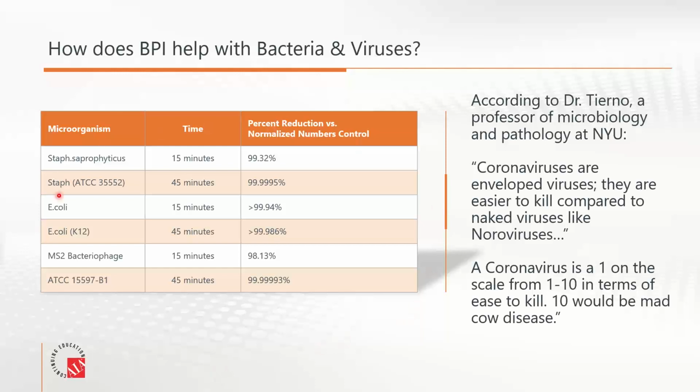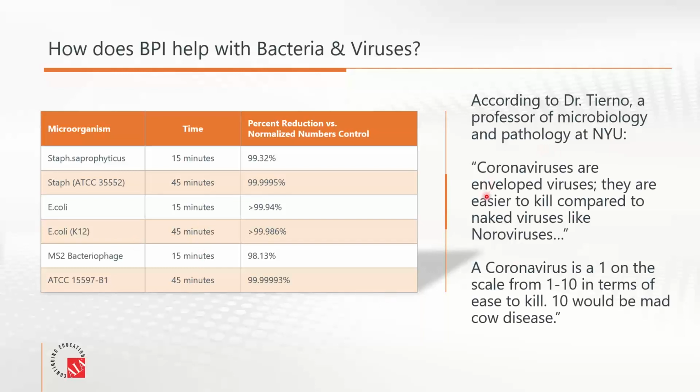But this technology has been proven to deal with staph infections, E. coli, MRSA, what have you. And in a testing chamber, you're getting reductions of over 99%, anywhere between 15 and 45 minutes, depending on the contaminant.